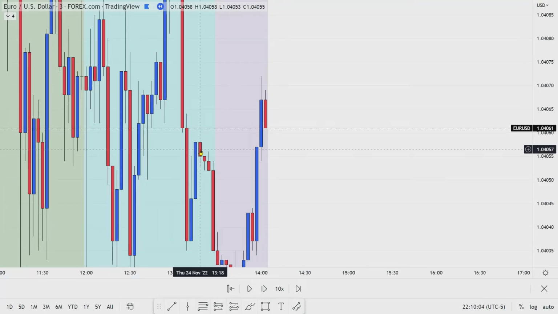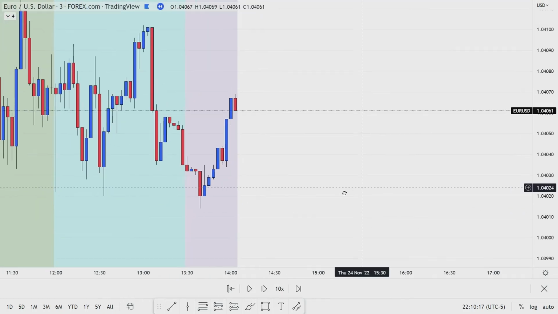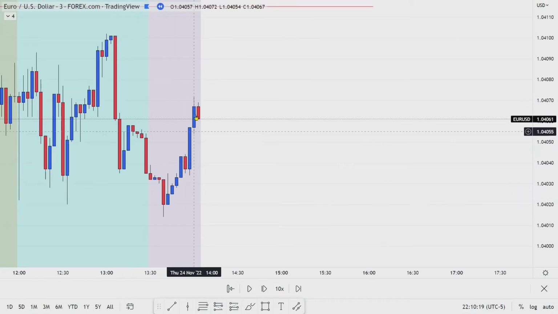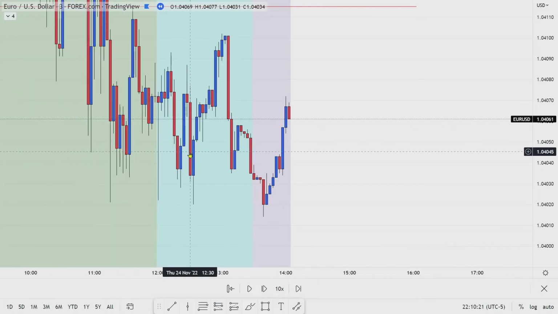In this case, it's an equivalent high, but then we have a lower high next to it. So for me, this counts as a swing high, and it's a swing high that got broken by these candles who took out these lows right here.